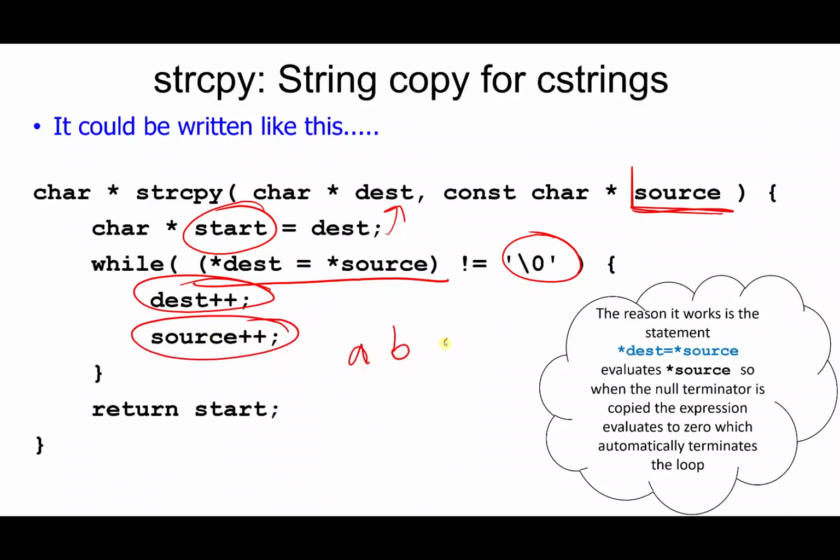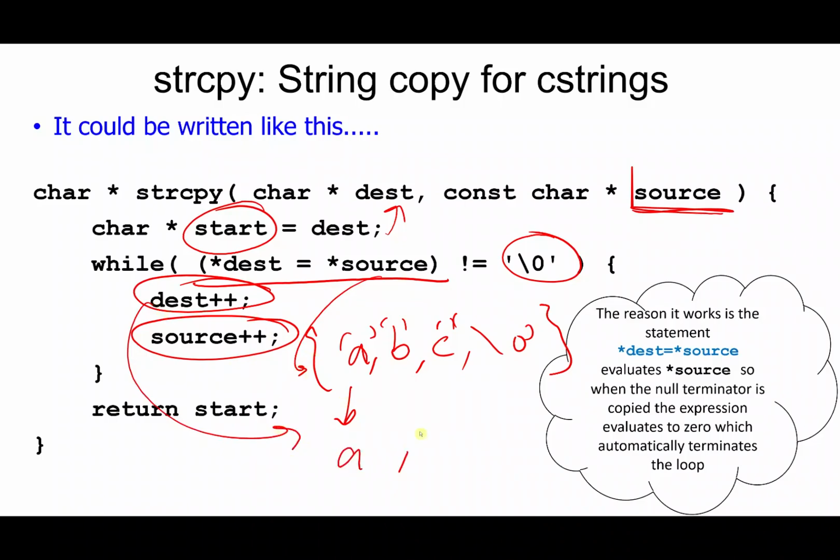So A, B, C, and the null terminator. This is the original, or the source, and the destination is going to be copying A, B, C, and when it reaches the null terminator, it's just going to add the null terminator.